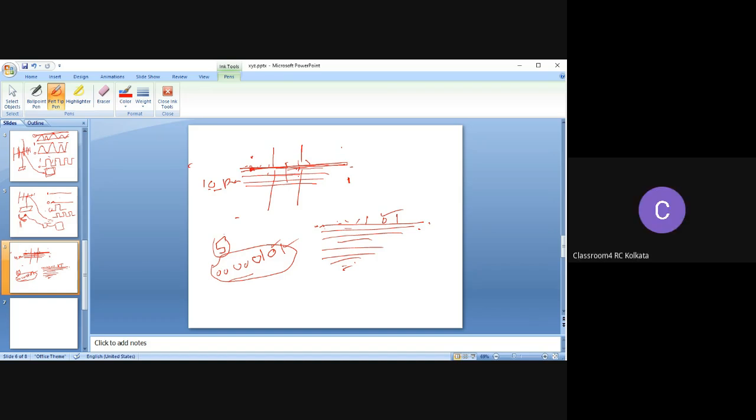So for serial transmission, only one line is required. For parallel transmission, more lines are required. So which system is expensive, serial or parallel? Parallel. Speed, high speed, parallel also. So for long distance, when you transfer data from one place to another, more wire is not possible to use.